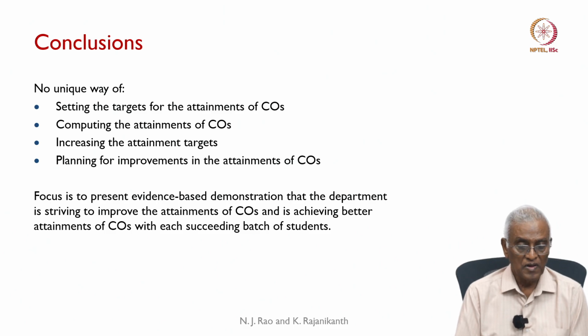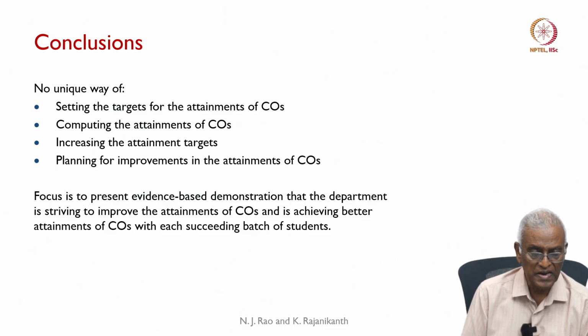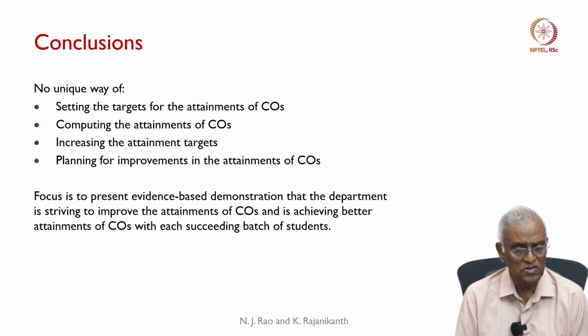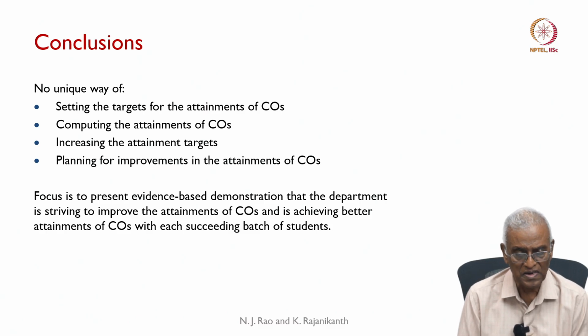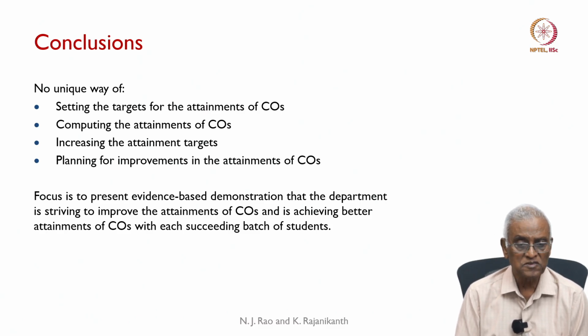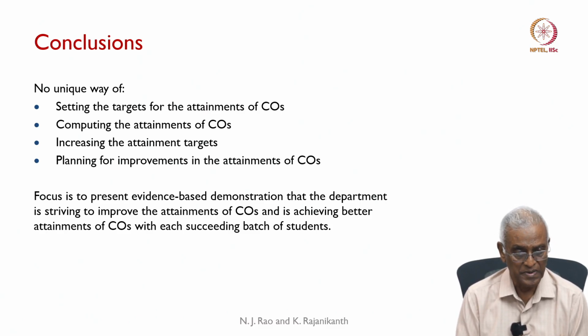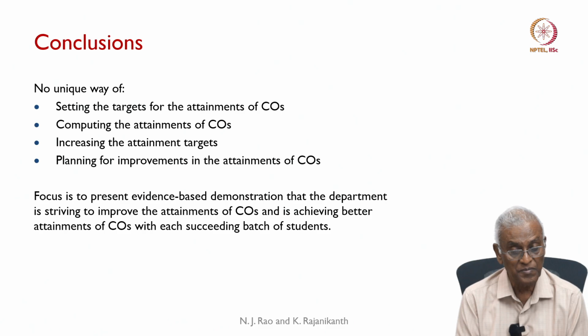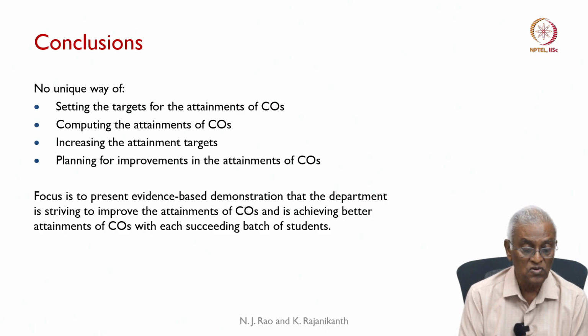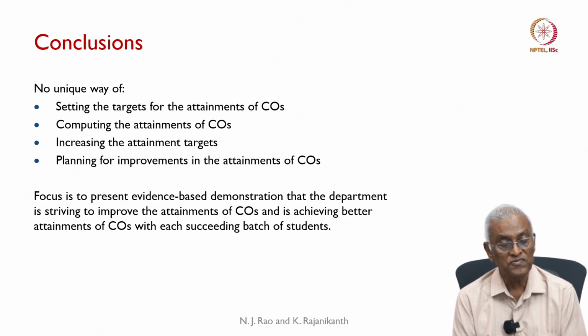Now this is where it's a bit dicey, but whatever it is, even though this process is not unique, something has to be agreed commonly in a department for all courses, and that has to be religiously followed by all the instructors in all their courses. There is no unique way of setting the targets for the attainment of COs. There is no unique way of computing the attainment of COs.